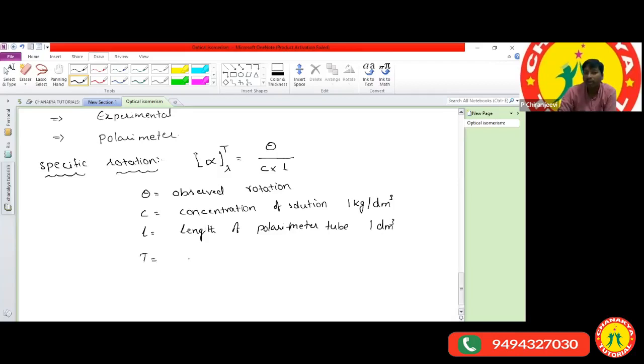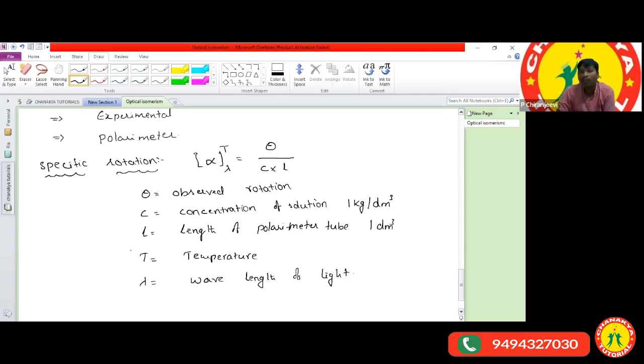T is nothing but temperature, and lambda is nothing but the wavelength of the light, which is plane polarized light. If we substitute all these values in the above equation, we can calculate the specific rotation.